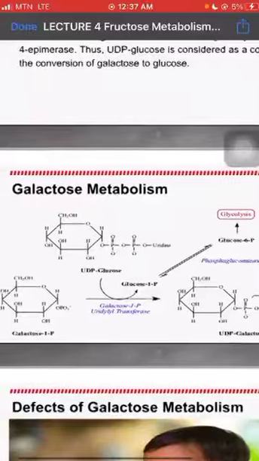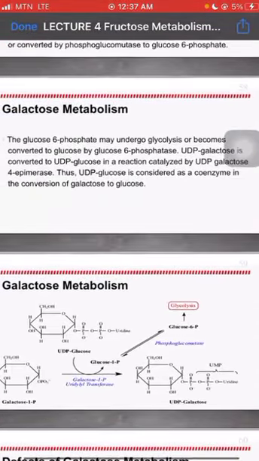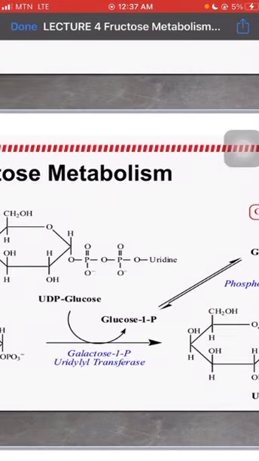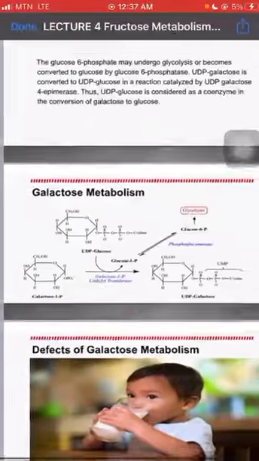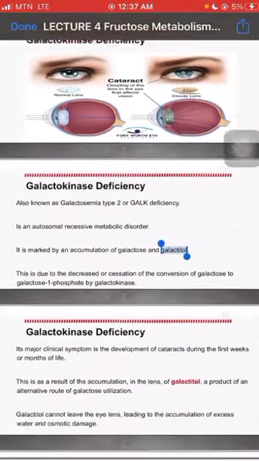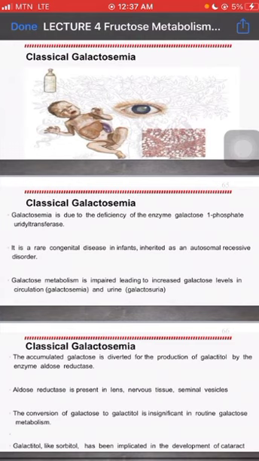The galactose 1-phosphate to UDP galactose. So when there is deficiency of that enzyme, galactose 1-phosphate uridyl transferase, a condition called classical galactosemia will happen, meaning that there is going to be accumulation of galactose in your blood, and some will also be found in the urine, leading to a condition we call galactosuria.